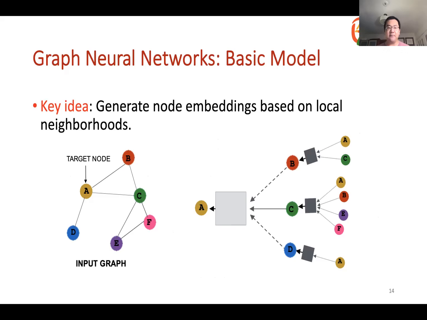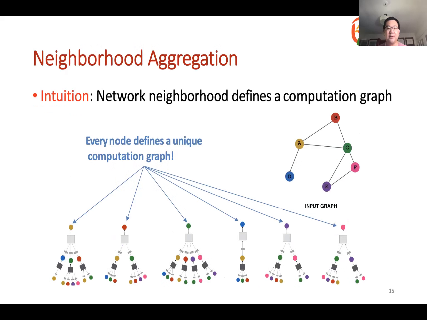Each of the nodes B, C, D can also form its own first-order neighborhood and treat it as context information. Therefore, we can see that every node can define a unique computational graph for itself.